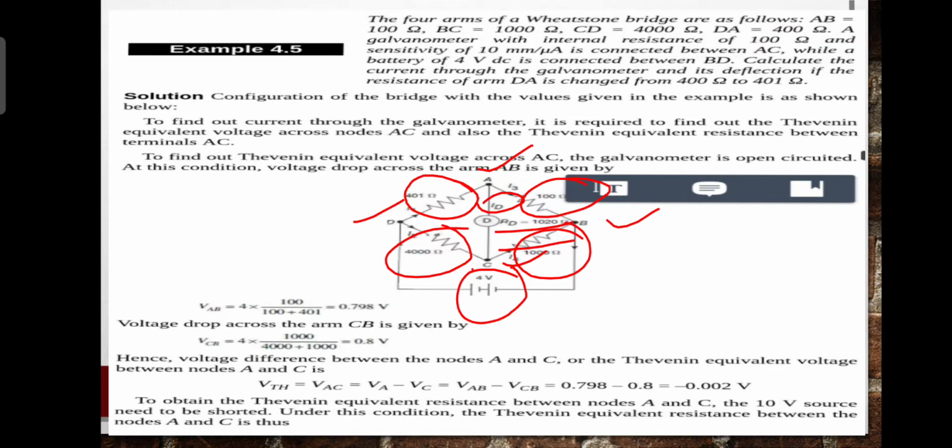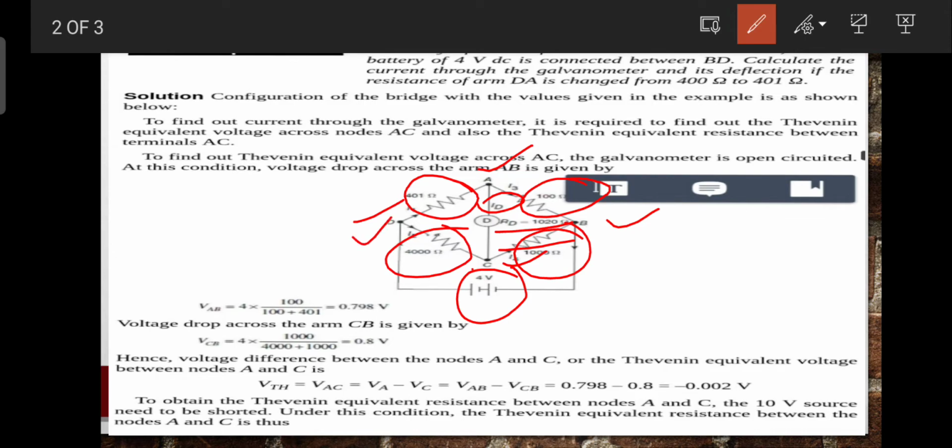So he is asking, while a battery of 4 volt DC is connected between BD, to calculate the current through the galvanometer and the deflection if the resistance connected between point D and point A is varied from 400 ohm to 401 ohm.